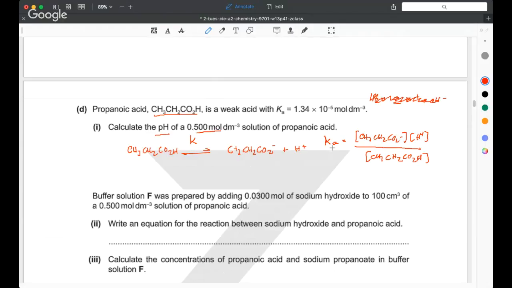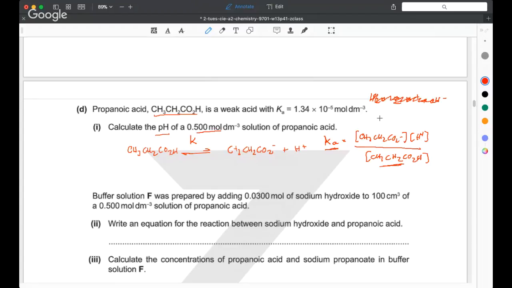Now, we know Ka, we've got that, haven't we? It's up here. And we're approximating that the equilibrium concentration is so close to the initial concentration, we can regard it as being the same. So we've got two terms. We're trying to find the hydrogen ion concentration to give us the pH.